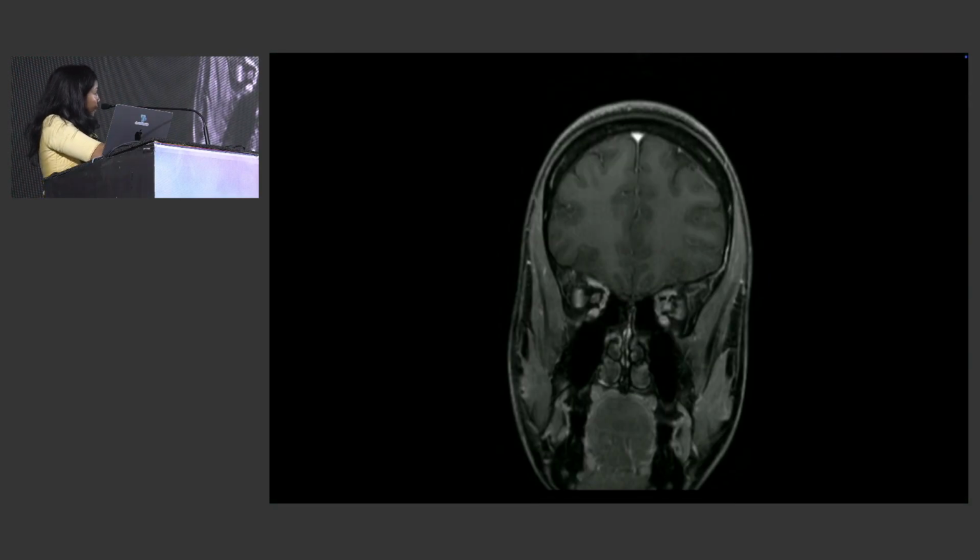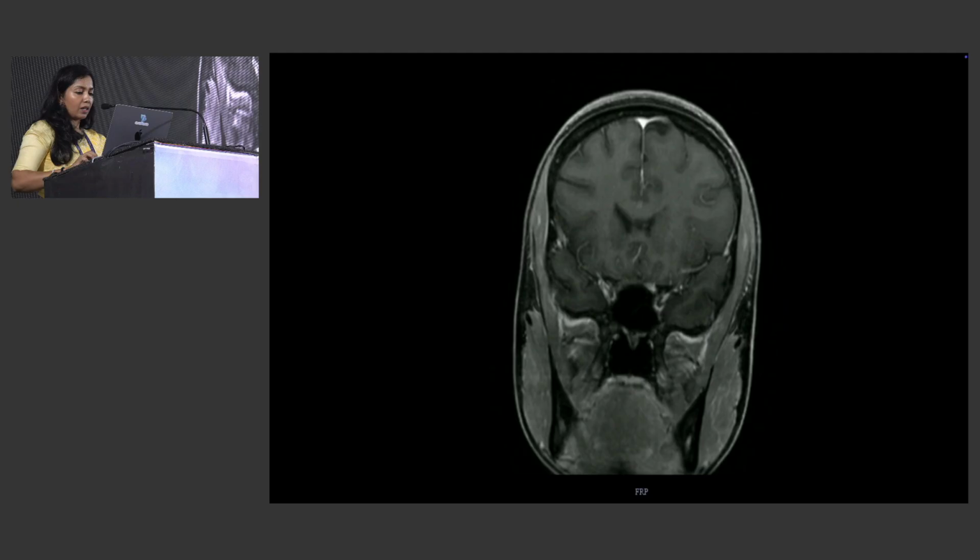So it's again increasing. So that is the chiasm. That area also, the optic nerve is showing enhancement, which means the posterior part is affected and a longer tract is affected, which is in favor of NMO.